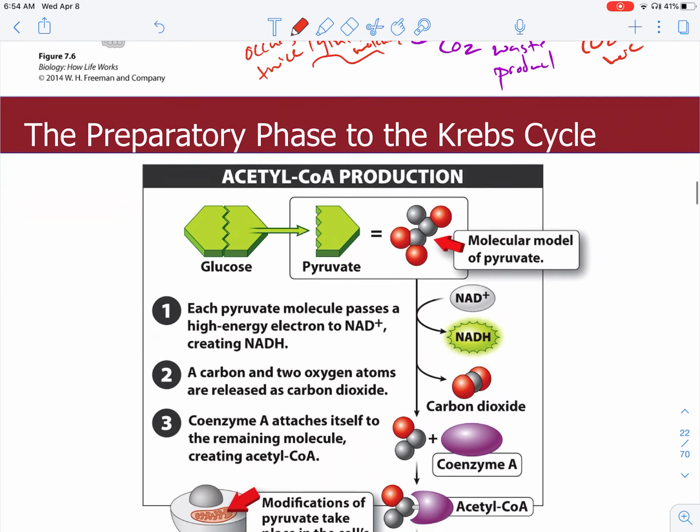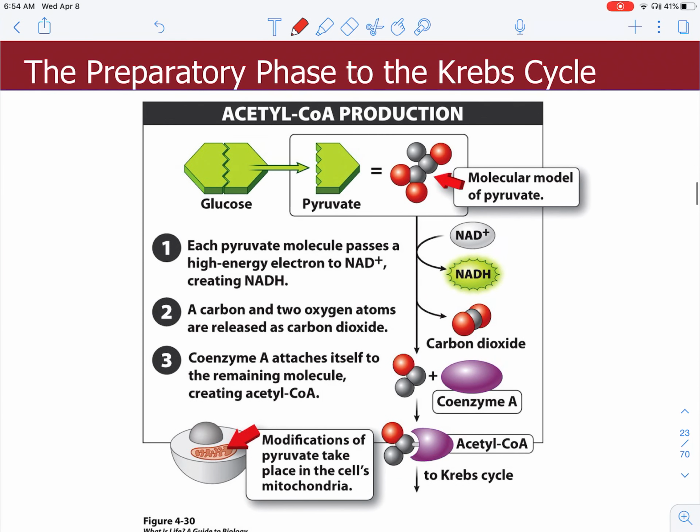Okay, so now we have the acetyl-CoA. So this is just another look at this. You have this glucose, it goes to pyruvate, it gets converted to an acetyl-CoA group to prepare it to go into the citric acid cycle.